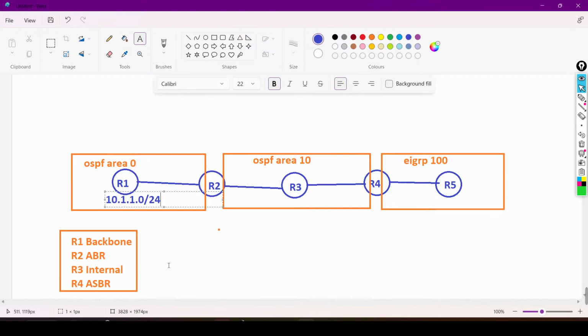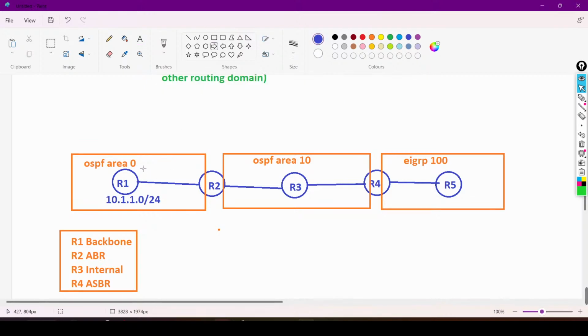And now suppose here on router number 1 I have one network that is 10.1.1.0/24. So router 1 will generate its LSA 1. It will send the LSA 1 to router number 2. Yes or no? So router 2 will receive this network information 10.1.1.0/24. But router 2 cannot send the LSA 1 of router 1 to router number 3 because LSA 1 cannot cross the area. So how will router 3 receive this network information?